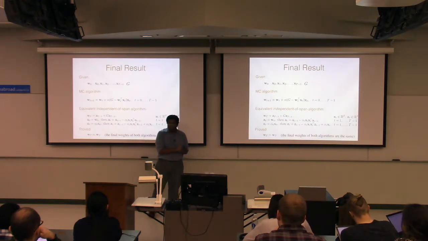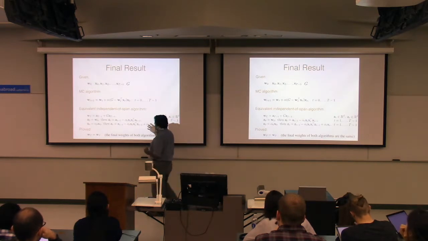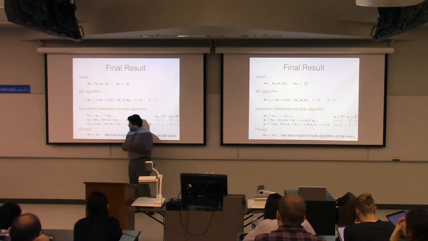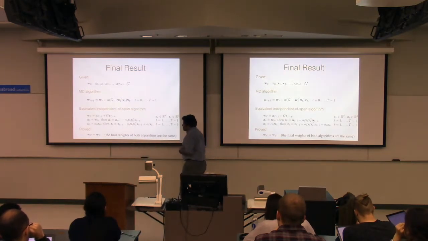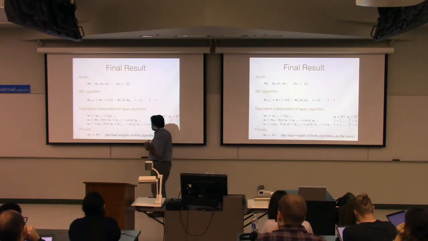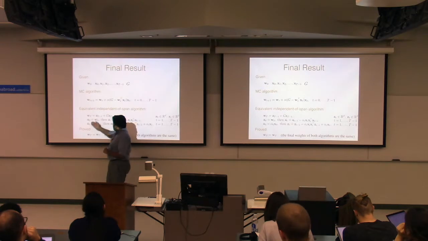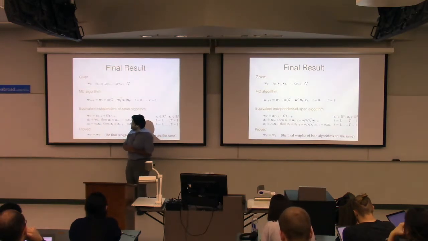The independent of span algorithm, right, is given by this set of equations, or this set of updates. So what do we have? We basically have 3 things here. We have a way to define the final weights, the weights at the end.